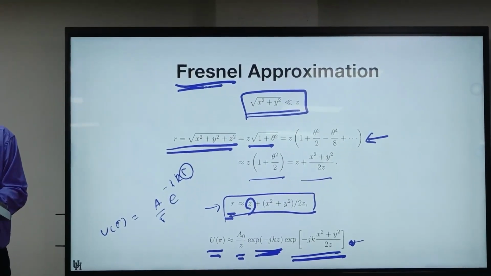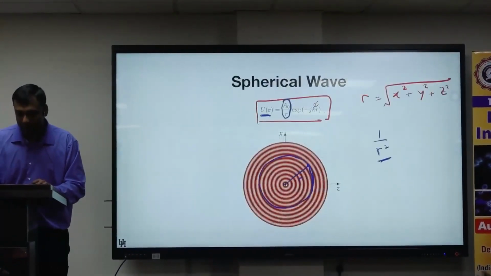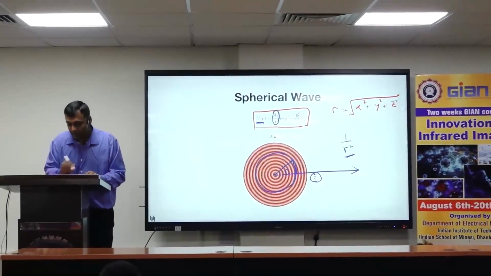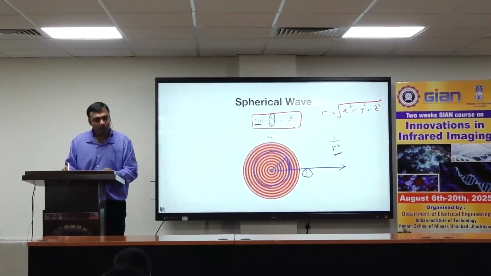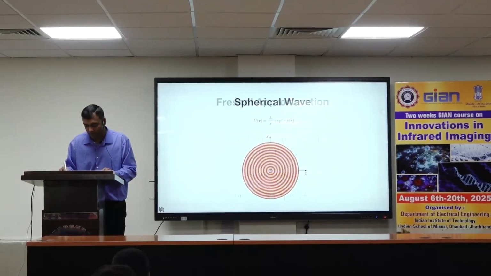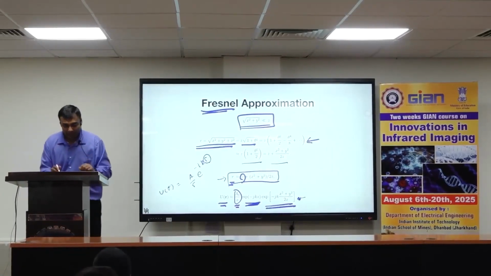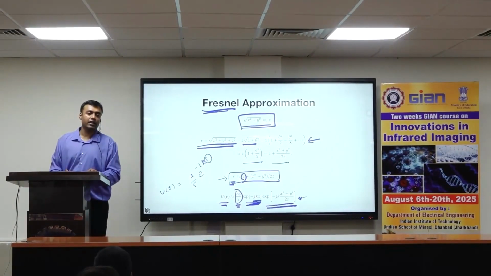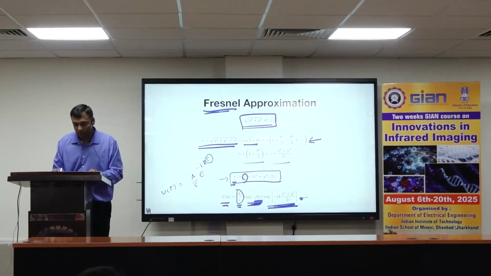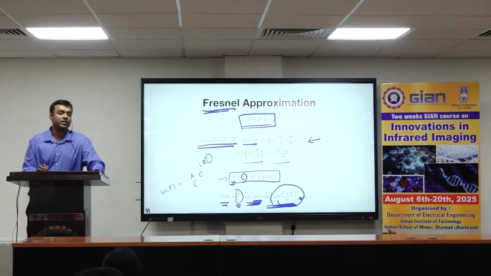What it means is that, of course, the amplitude changes as you go. Take this example here. This is the z direction, so let's travel along z. As you go farther and farther away, the amplitude decreases as 1 over z. Then the phase changes as e to the i k_z times z, or k times z. And then there is this extra term in the phase, which has a particular shape.